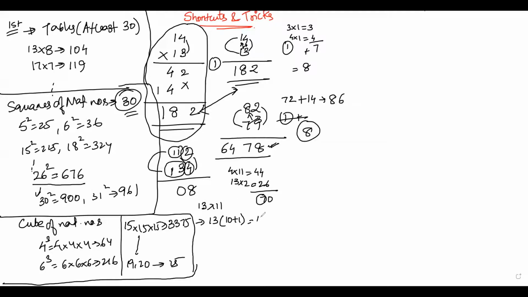So 13 times 10 is simply 130. And 13 times 1 is 13. So that becomes 143. So now we have 13 times 11 as 143, and we have the carry as 7. So 143 plus 7 will give us 150. That means if you multiply 112 with 134, the result would be 15008.